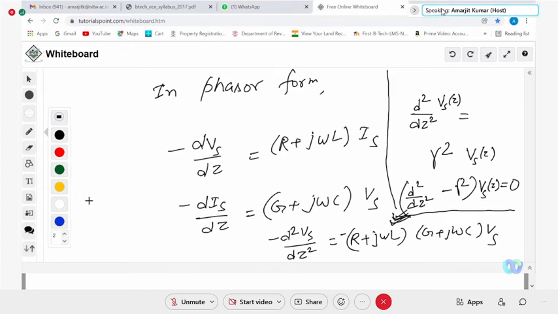V_s(z) you have already done. V_s(z) will be equal to V naught plus e to the power minus gamma z plus V naught minus e to the power gamma z.